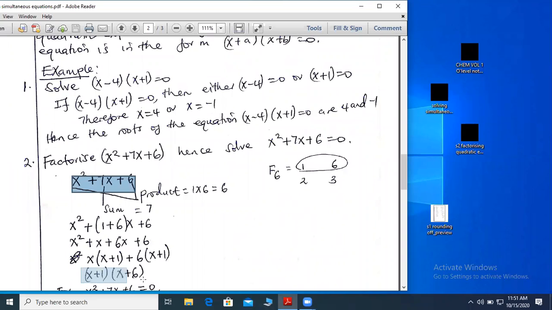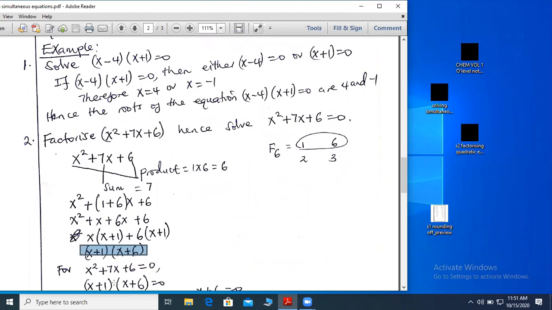So when we are solving, we just get its factorized answer and equate to 0. So x squared plus 7x plus 6 equal to 0 is the same as x plus 1 into x plus 6, which is equal to 0.